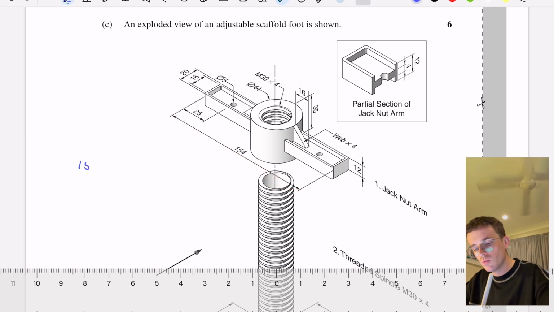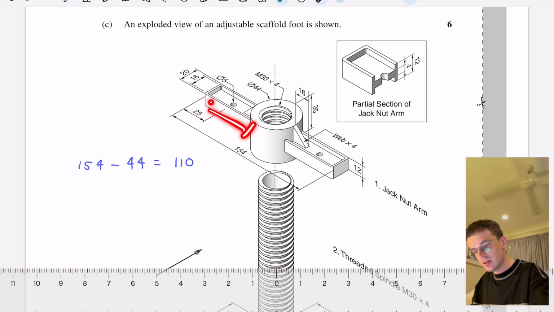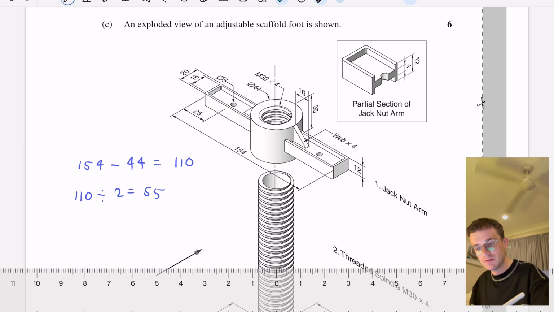So 154 minus the diameter of the nut, minus 44, that gets me 110. So that and that together is 110, which means if we divide that by 2, we get 55. So we would expect, and these have to be 55 long.